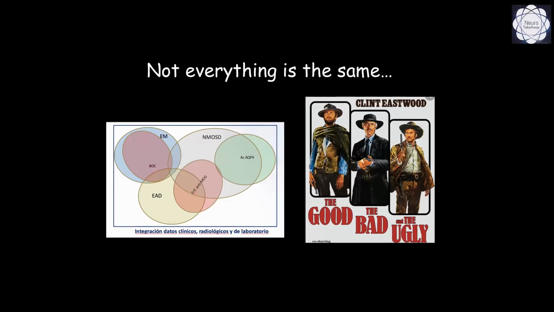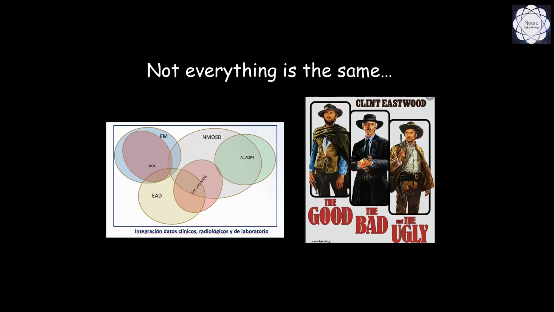Here we have MS. As you know, 80% of these patients have oligoclonal bands in the CSF. We have NMOSD, neuromyelitis optica spectrum disorders, in which around 80% of the cases have AQP4 antibodies.